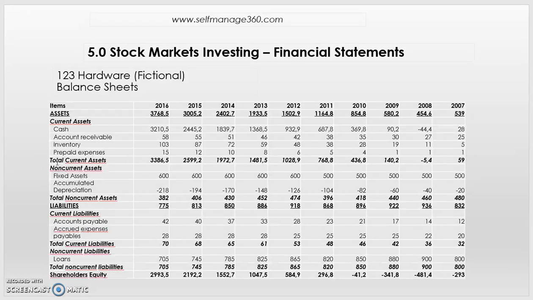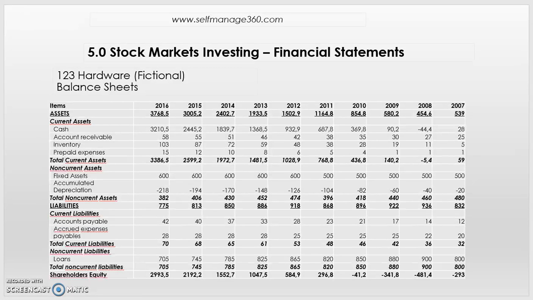Then, the second thing we want to look at is: is the shareholders' equity increasing or not over time? Why would we want to look at that? Well, shareholders' equity is the value of the assets that are debt-free.